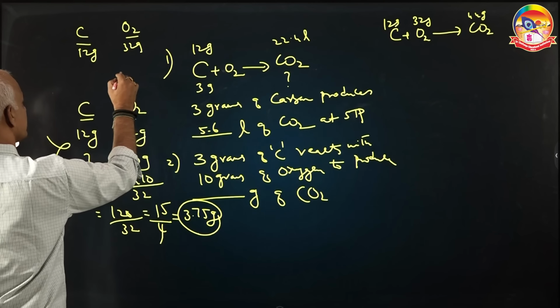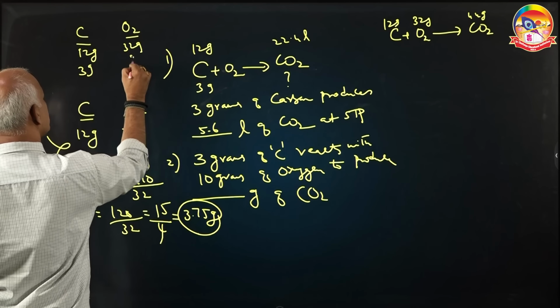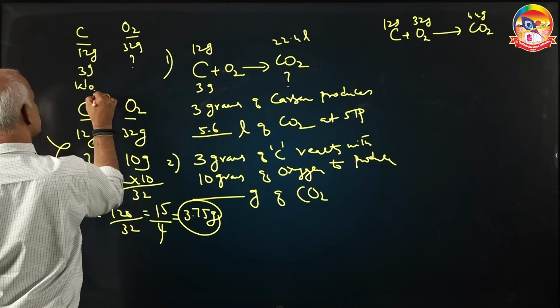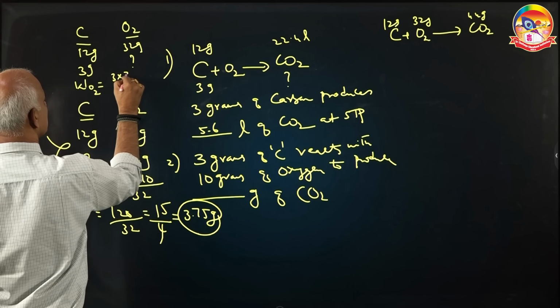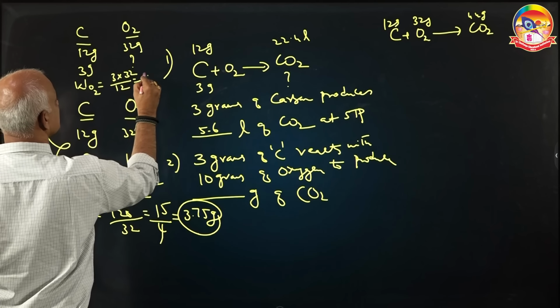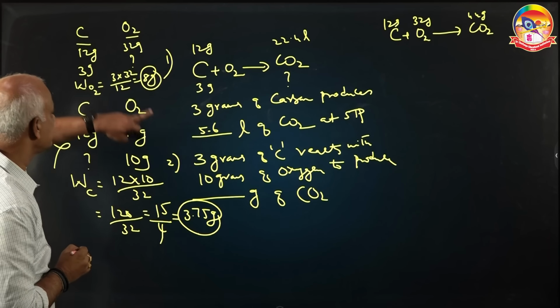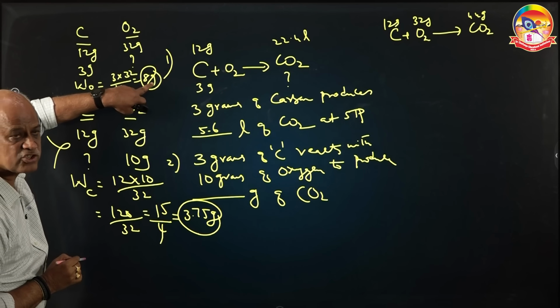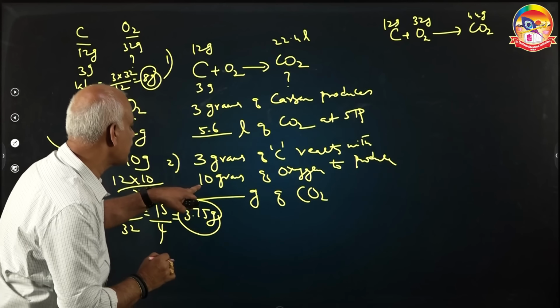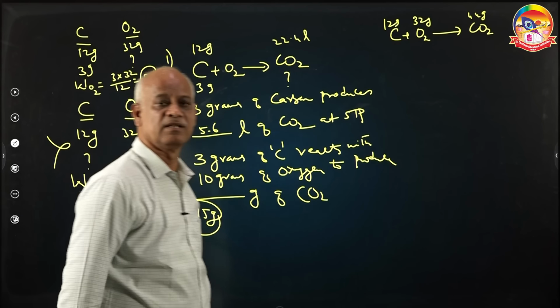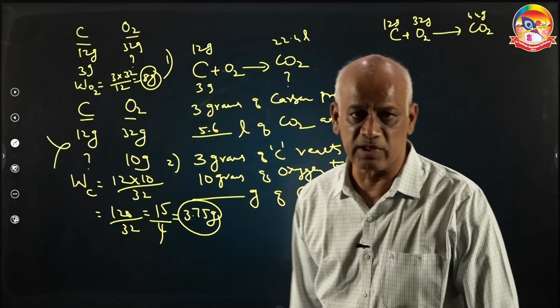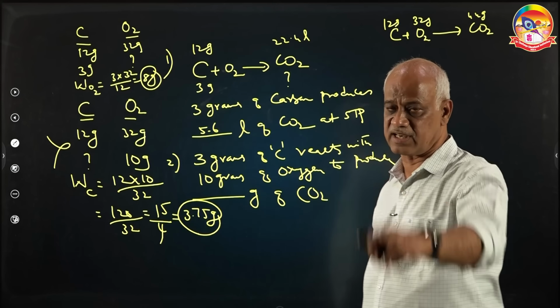Now let us go with 3 grams. How much do you require? W oxygen required is 3 into 32 by 12, which is 8 grams. Means for the 3 grams of carbon that you have taken, 8 grams of oxygen is sufficient. But how much did we take? 10. Yes. We require 8 only, but we have 10. This is the correct path.